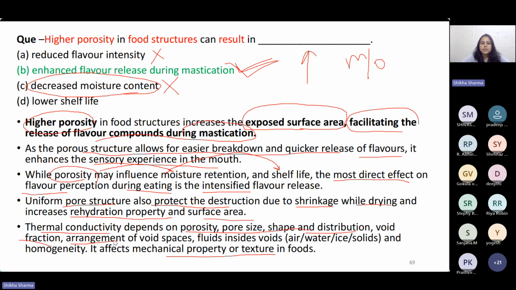Void means empty space, and what is the arrangement of these voids, and what is filled in this void, like air or water, and if the structure is homogeneous or not. So all these are going to affect the food properties. All these, by the porosity or the void spaces, are going to finally affect the different food properties at large.